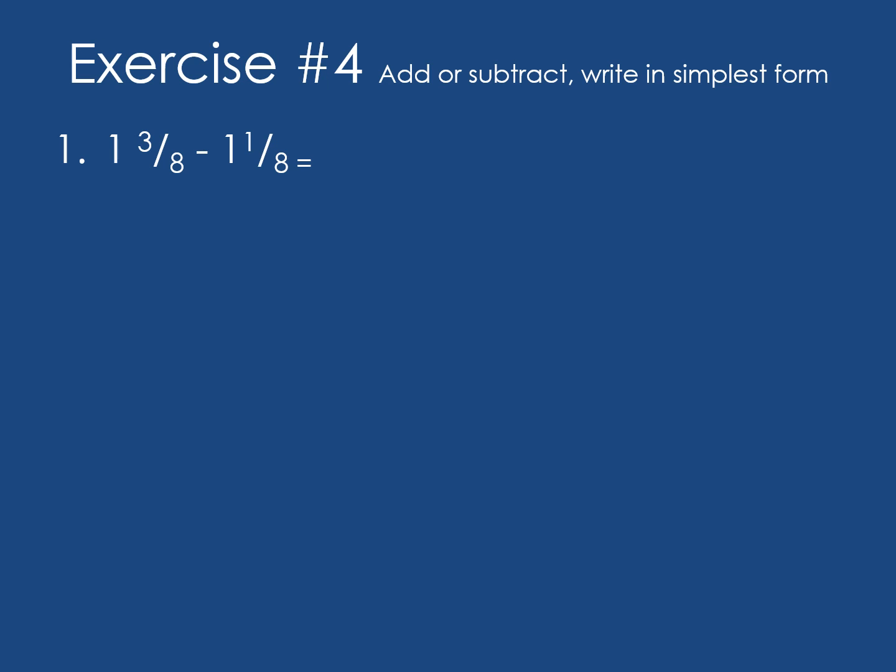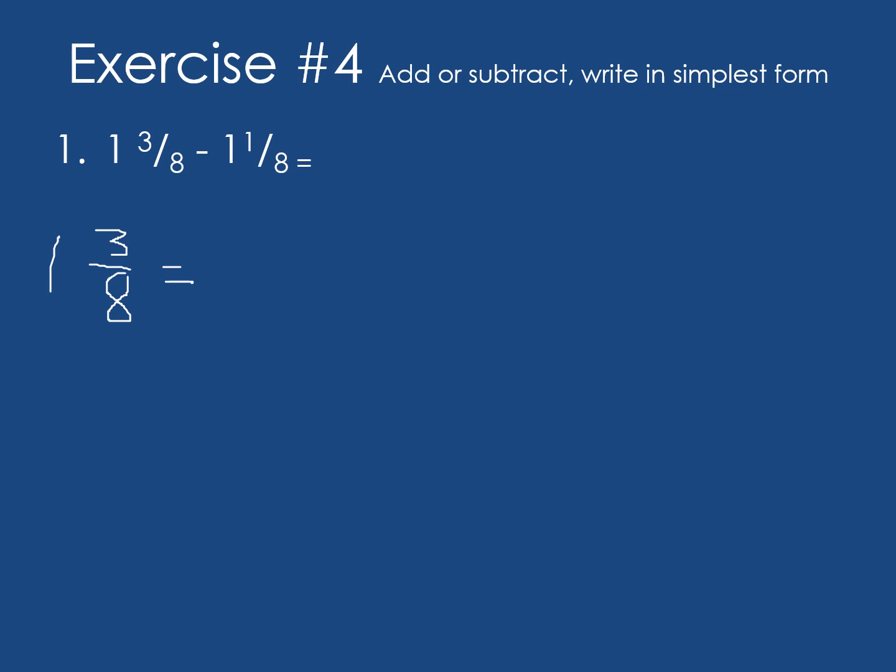Let's proceed to the adding and subtracting of mixed numbers. First, we will have to change the mixed number into improper fraction. Okay, for example, 1 and 3/8. Change this one into improper.